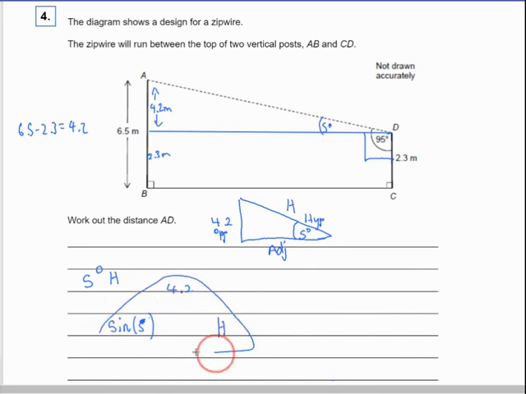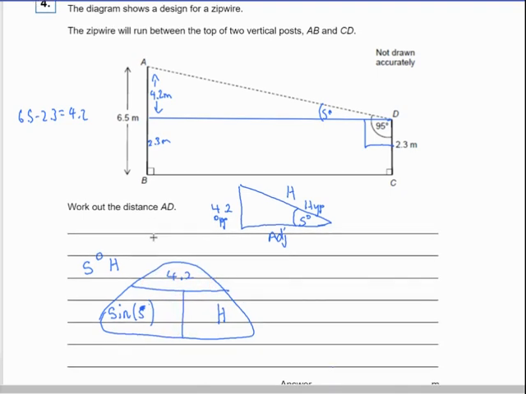Make it like a little formula triangle. I'm using this method because this is the modal method that I see amongst students. So H is equal to 4.2 over sine of 5.